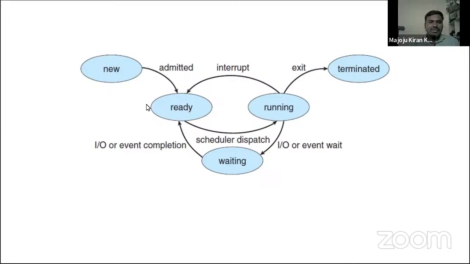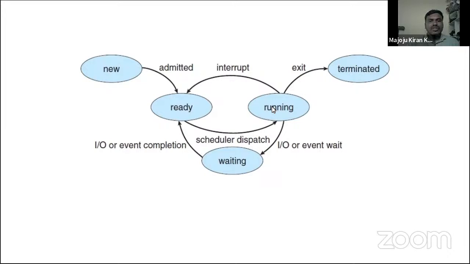All the processes wait for the CPU allotment. Once they get the CPU, immediately they enter the running state. They start their execution. That is called the running state.